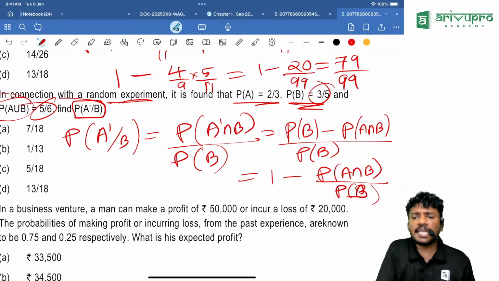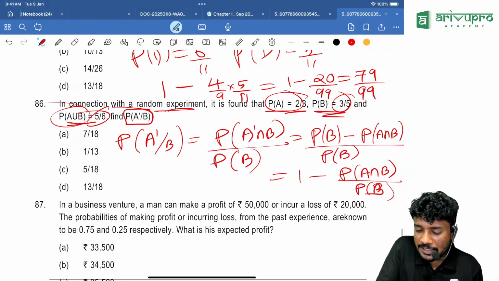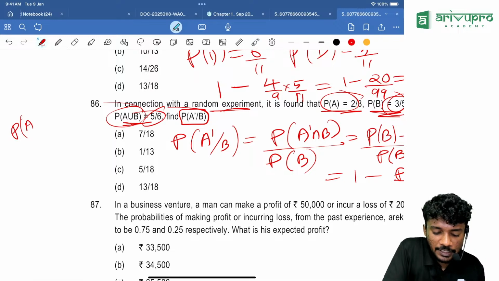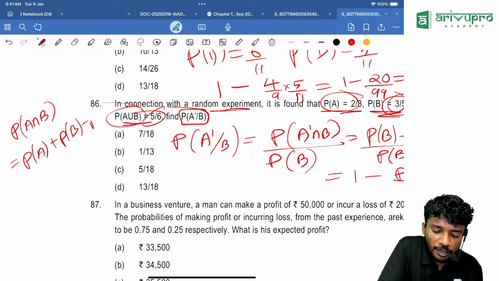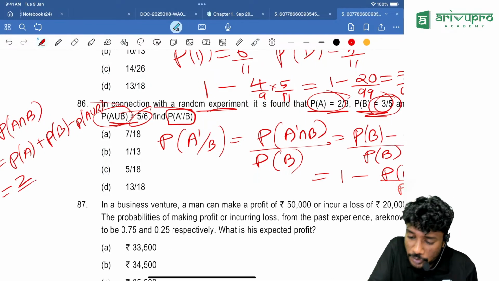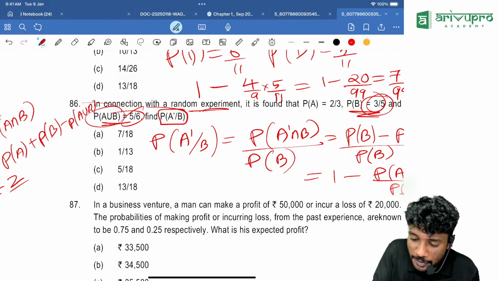Now, A intersection B, how will you find? A union B is given, P of A is given, P of B is given. That means P of A intersection B is equal to P of A plus P of B minus P of A union B. P of A is how much? 2 by 3.